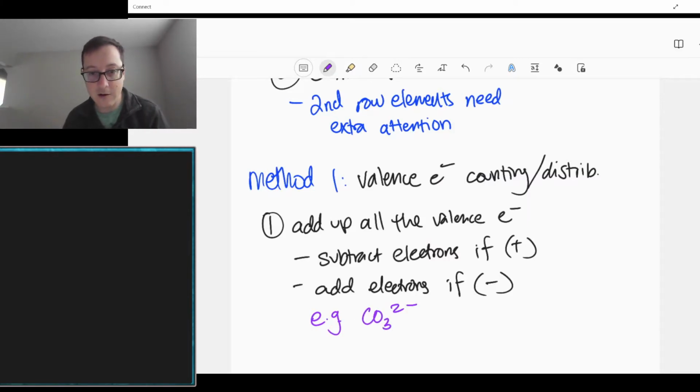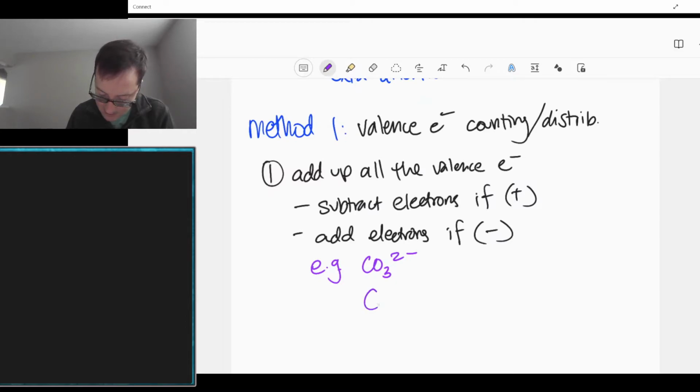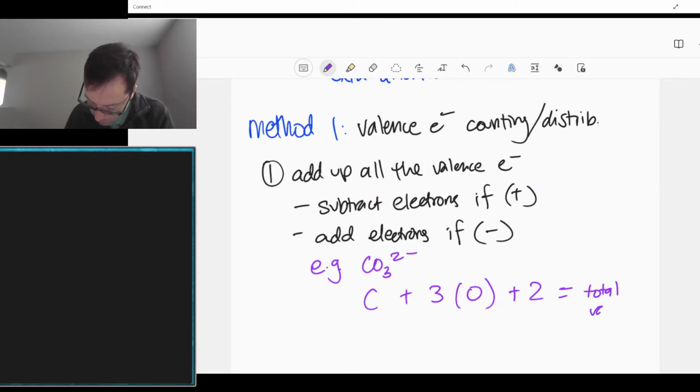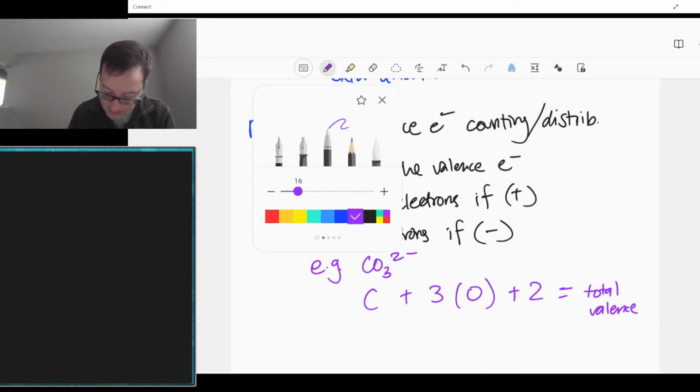And so this means, for example, if we had carbonate that's got a negative charge, we would need to add two electrons because we have this negative 2 charge here.